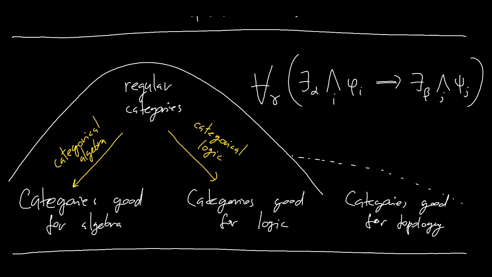There is a book by Mac Lane and Moerdijk, which is an introduction to toposes from both lenses, from algebraic geometry lenses and categorical logic lenses. One of the things they do in that book, towards the end, they explain how to present Cohen's forcing method for the continuum hypothesis using the ideas from topos theory.